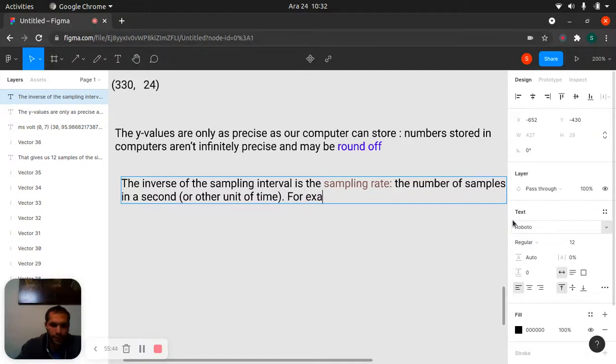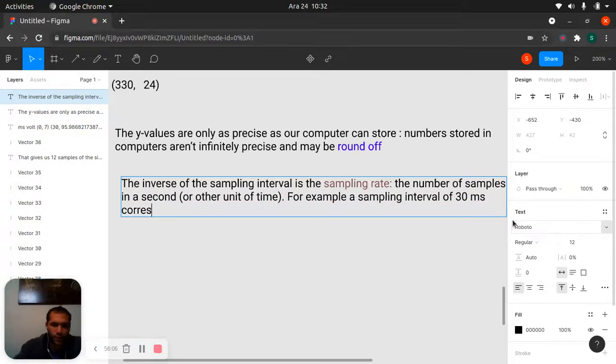For example, a sampling interval of 30 milliseconds corresponds to a sampling rate of 33.33 samples per second.